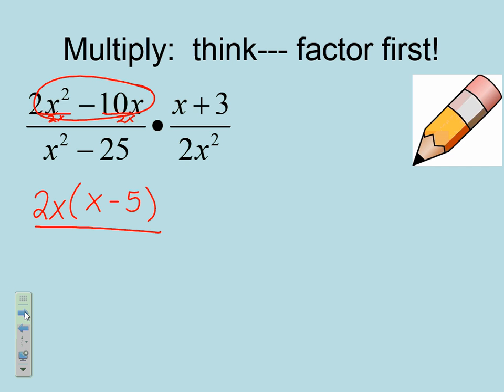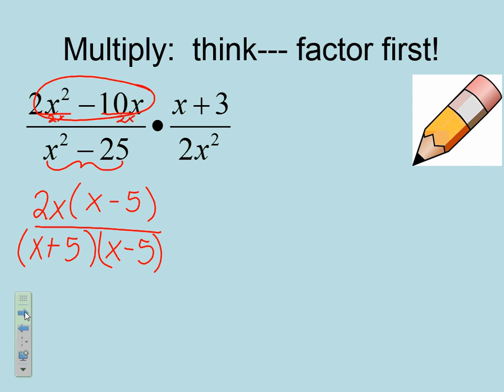So the numerator of that fraction factors into 2x times the quantity of x minus 5. Well, what about the denominator of that fraction, or the bottom? Let's take a look. That 25 is a perfect square. So we should remember that that would factor into x plus 5, x minus 5.